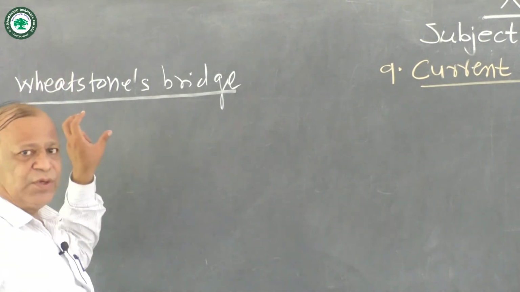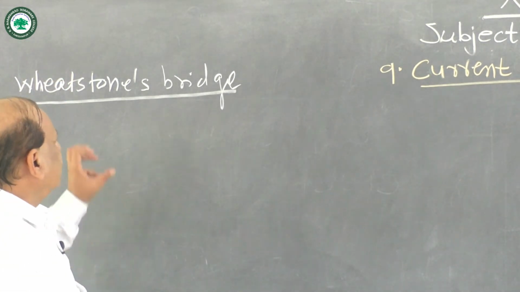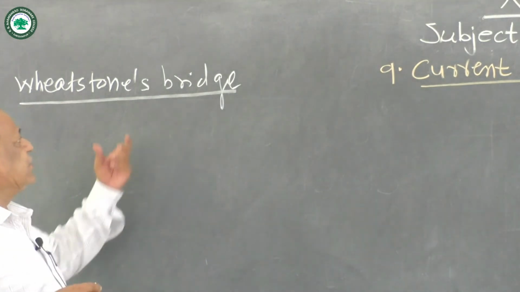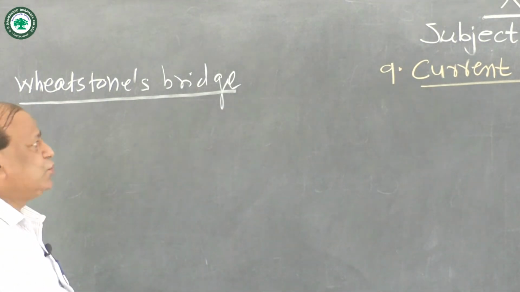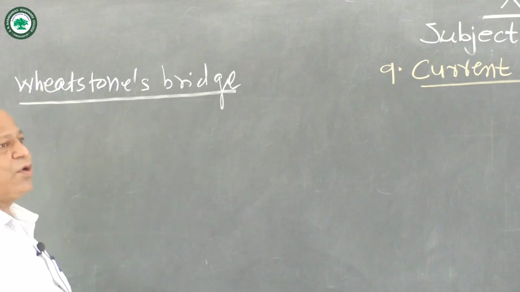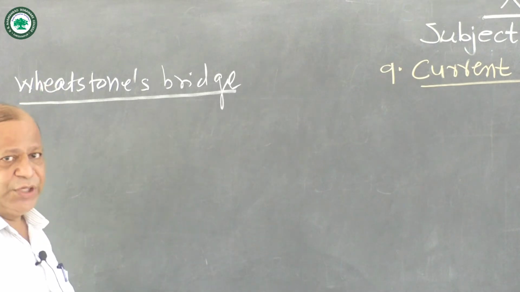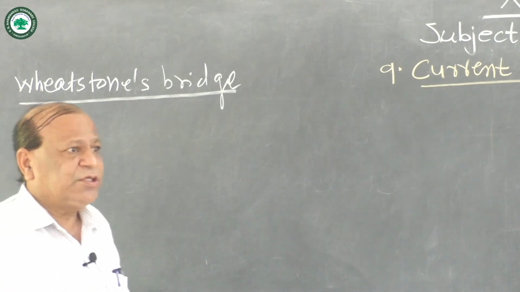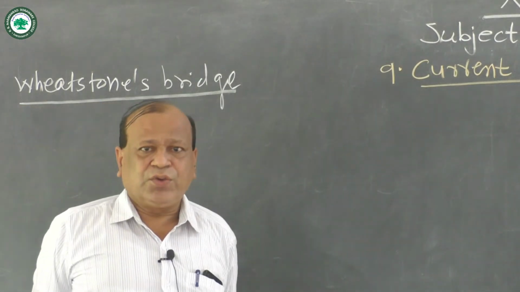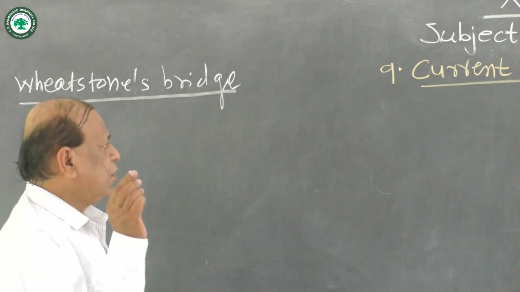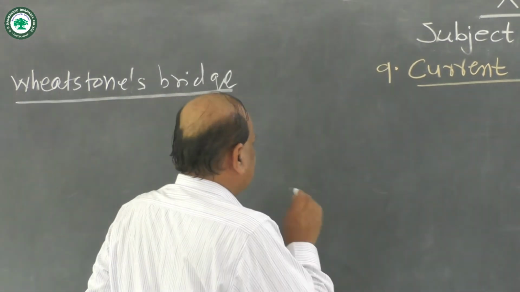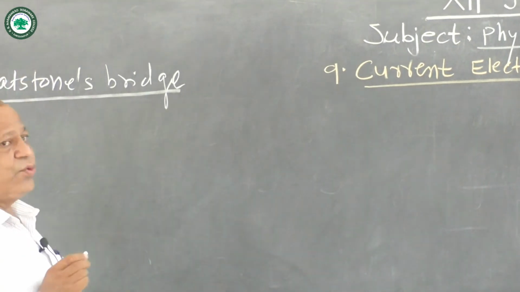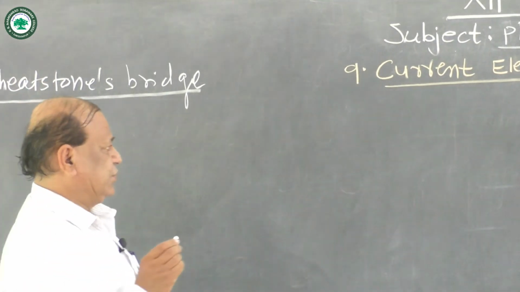Wheatstone is the name of the scientist who explained that network, which is known as Wheatstone's network or Wheatstone's bridge. This Wheatstone's bridge is used to determine an unknown resistance. For that purpose, we have to obtain the balancing condition for the Wheatstone's bridge.